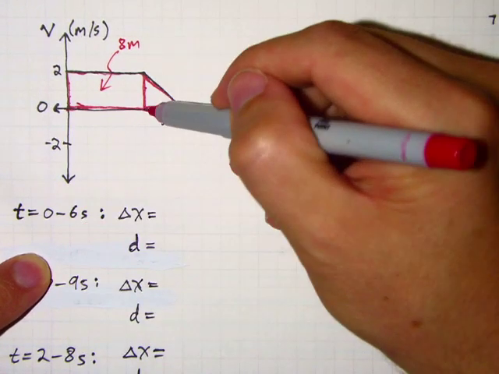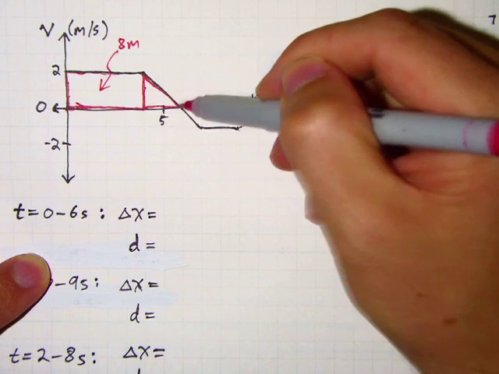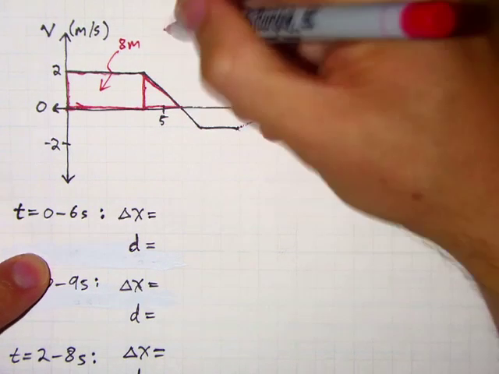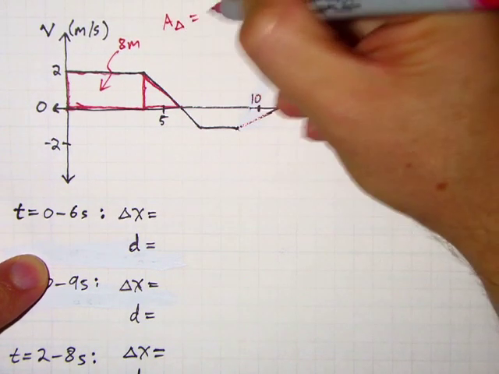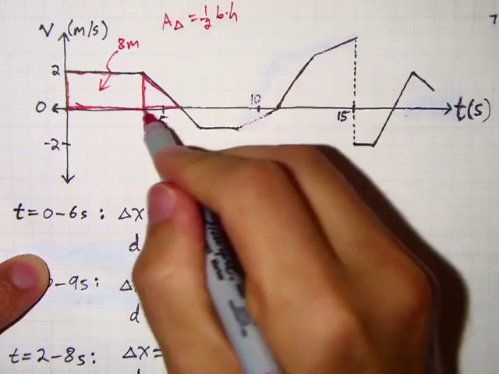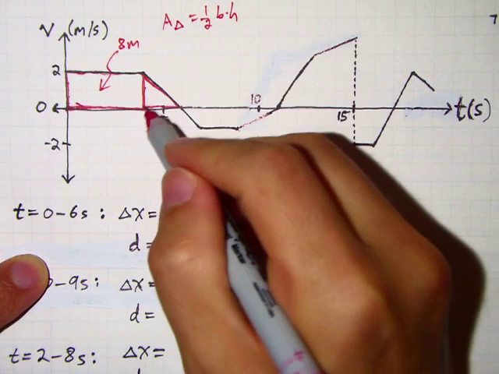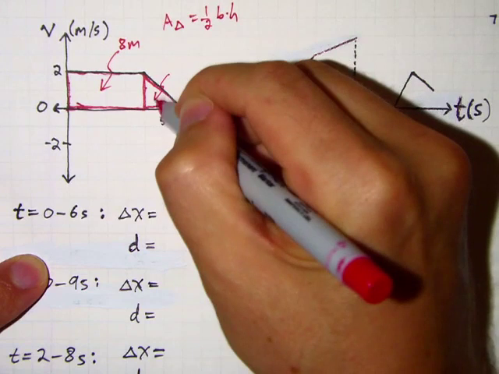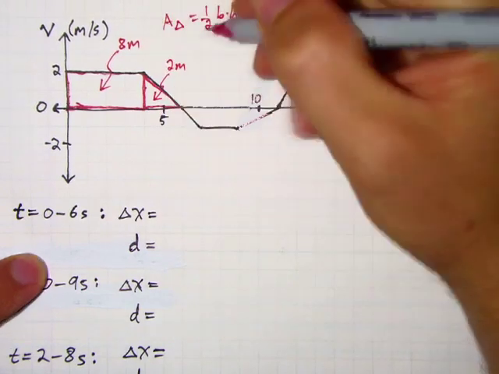Then from 4 seconds to 6 seconds, we've got this triangle here. You know, the area of a triangle is 1/2 base times height. So that's 2 seconds times 2 meters per second is 4, divided by 2. That's an area of 2 meters there.